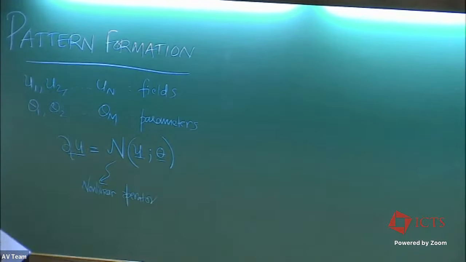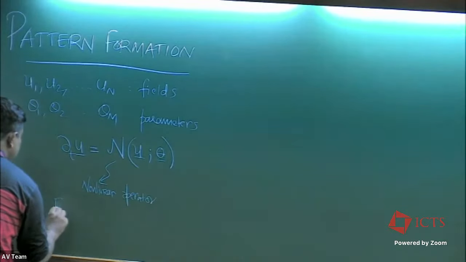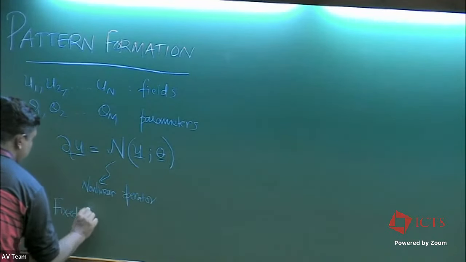So that's the abstract setup, right? Most of the time we've been looking at the case where the number of parameters is only one. But as you can expect, realistic systems will have many parameters, and so therefore bifurcations are possible in many parameter directions. The way we try to analyze this system as a dynamical system is to look for the fixed points or the stationary states.